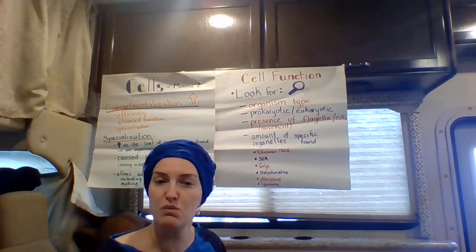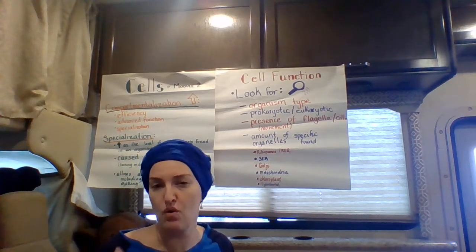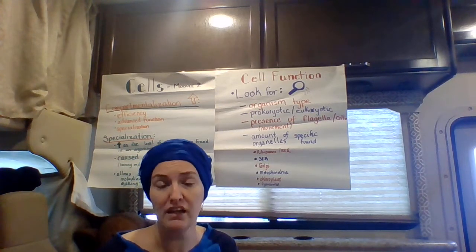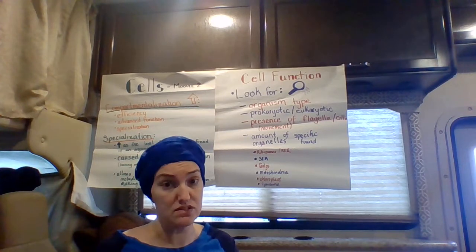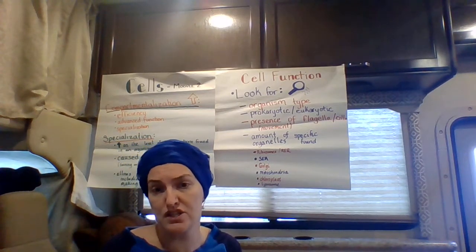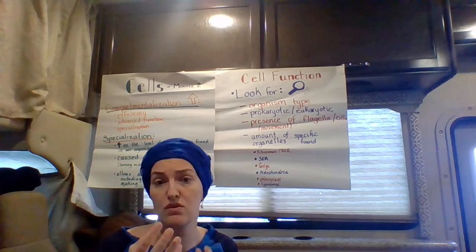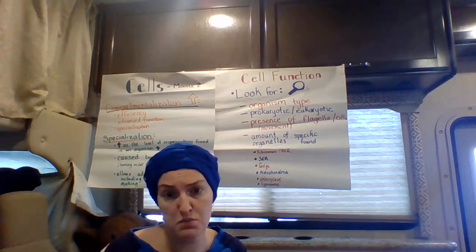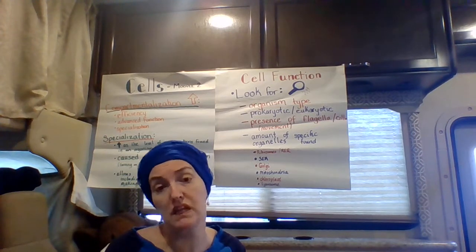If we're talking about the smooth ER, we're going to be talking, of course, about lipid, specifically phospholipid generally, production, and/or we're talking about filtration of toxins, right, or detoxification. So the organ that is primarily used for that would be the liver.